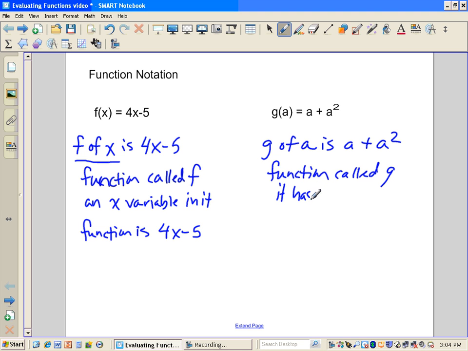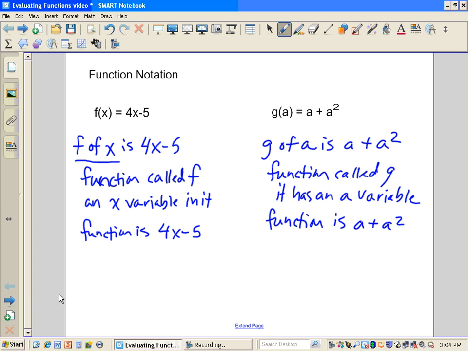It has an a variable in it, and the function is a plus a squared. So when we talk about function notation, we're talking about the name of the function and then the parentheses that indicate what variable is in the function. This is going to be important as we evaluate functions.